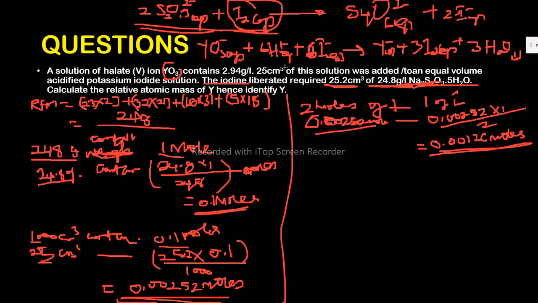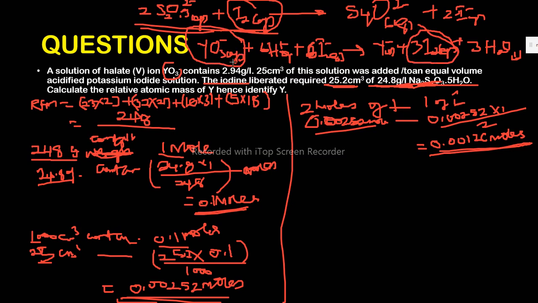If you can't get it, I know you cannot write this equation the way it is right now. So first write one half equation, and then write another half equation, and after that you combine the 2 half equations. But from the equation, I can see that 3 moles of iodine are liberated by 1 mole of iodate.